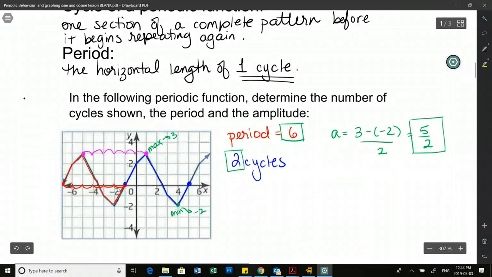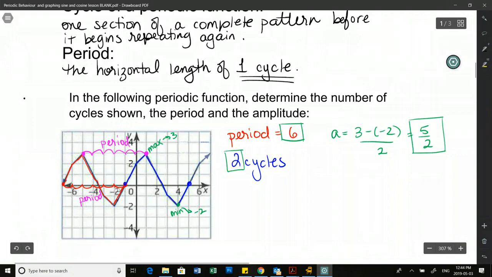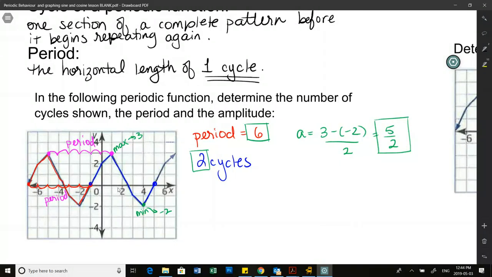And we should get the same thing no matter how we measure it, as long as we're taking one complete snip of that whole pattern, right? I can also measure it from a min to a min if I want. But those period values should be the same. Is there a question over here? Oh yeah, I was going to ask if we always do it in exact values. Yeah, we'll leave an exact value where we can. Okay.